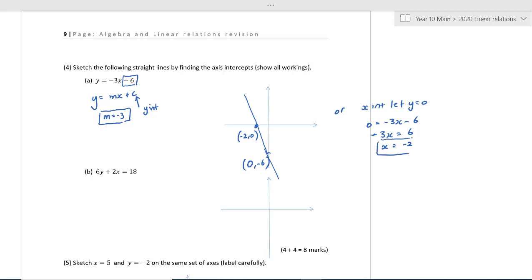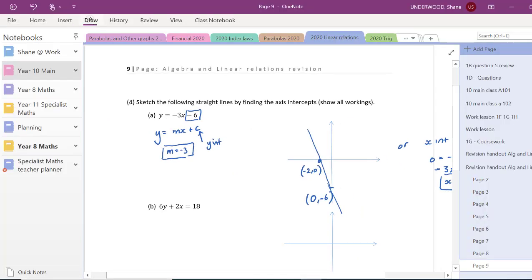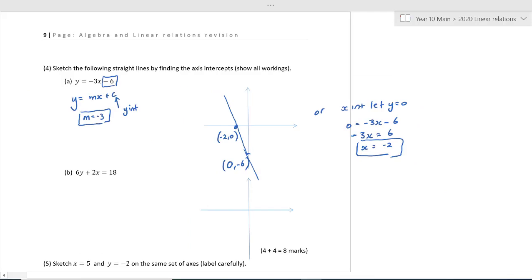You can do either. That's fine. Just remember though, you're not always going to get nice whole numbers. Hopefully you can see that it goes across 1, down 3, across another 1, down 3, which means that would have to be my intercept at -2.